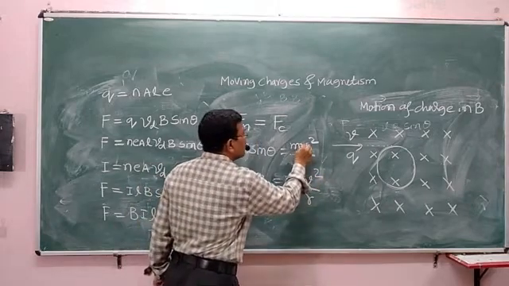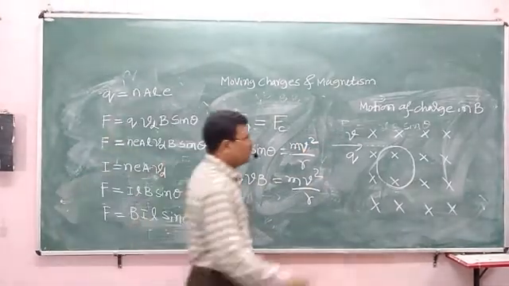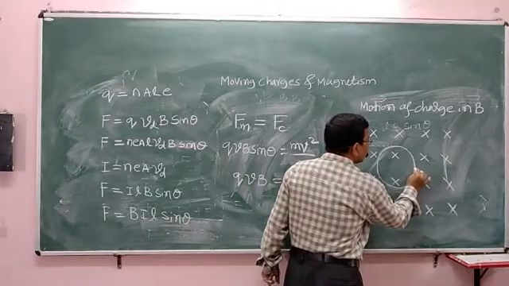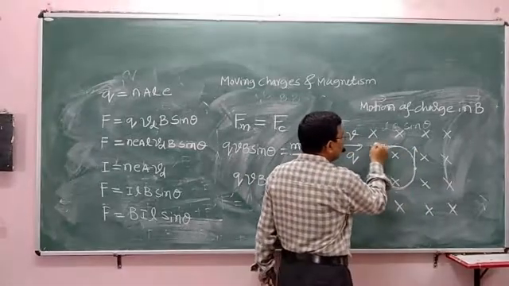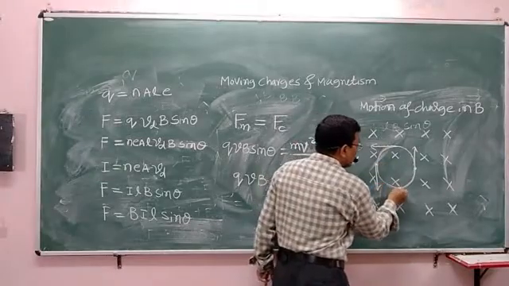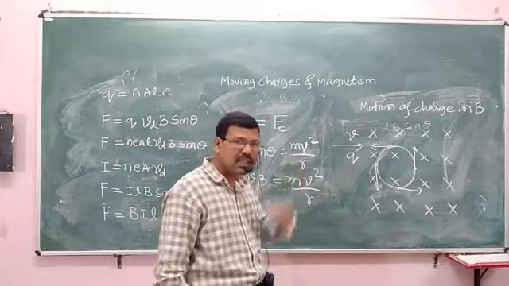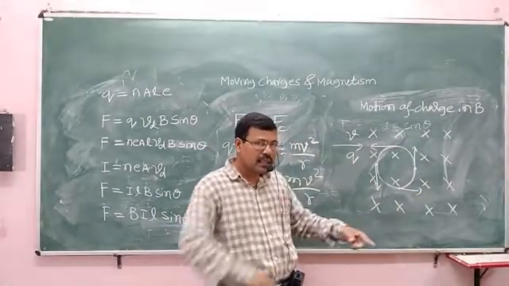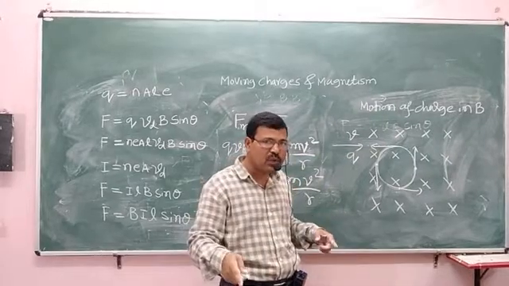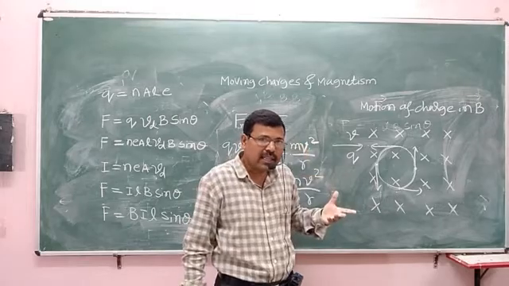v is nothing but the velocity of the charge. The direction of the velocity is shown by drawing a tangent. The velocity of the charge keeps on changing in terms of direction at every point. The rate of change of velocity is called acceleration.